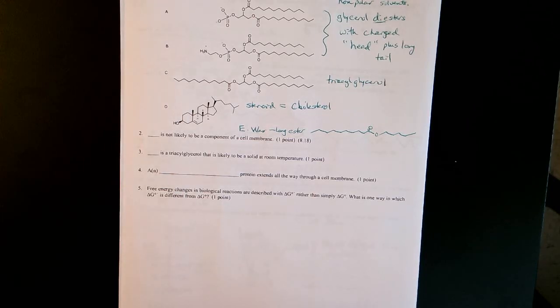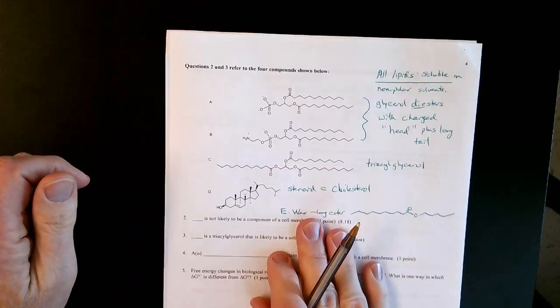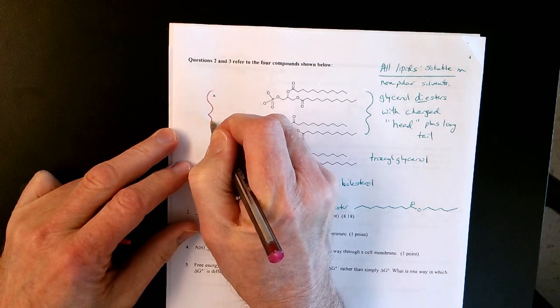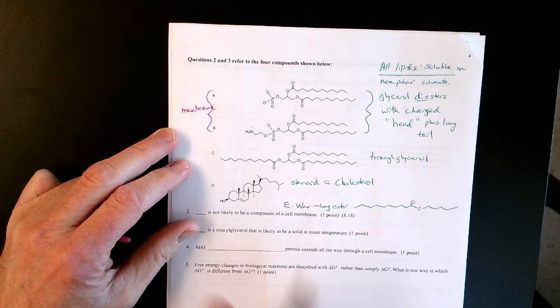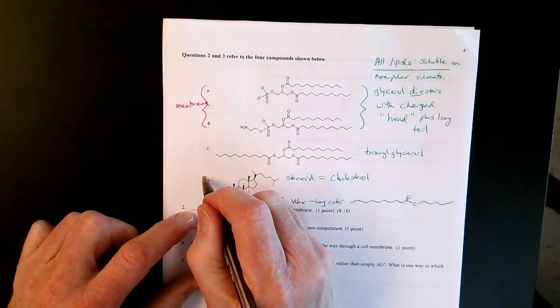Okay, so the question is for number 2, which one is not likely to be a component of a cell membrane? And because I've added a choice here, there may be more than one right answer. Well, I suppose the way you do this is look at it and figure out which ones could be a component of a cell membrane. And how about we tag these over here? Both of these hang out in membranes. Those are really the structure of a cell membrane, and so is this.